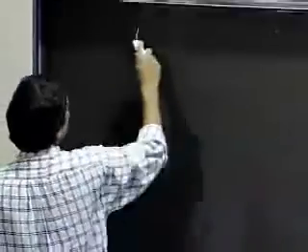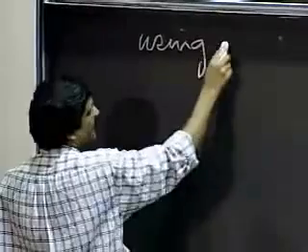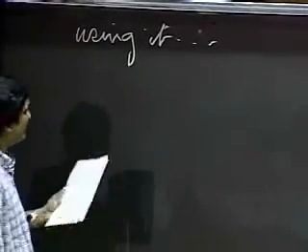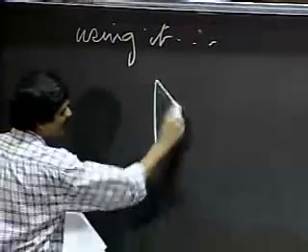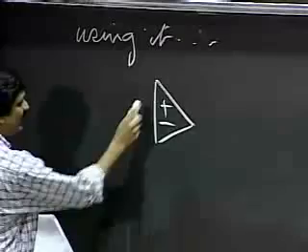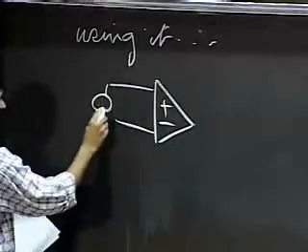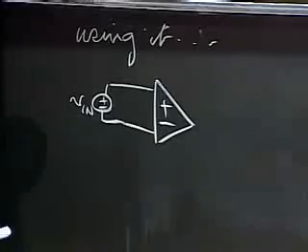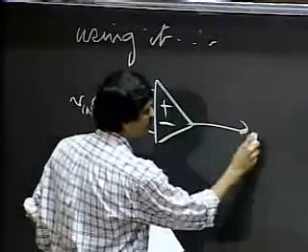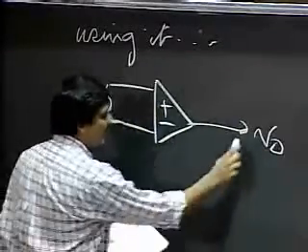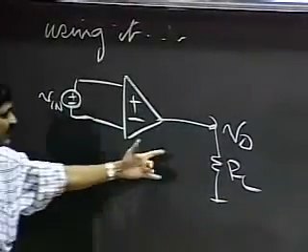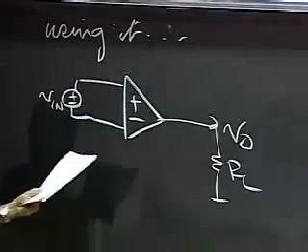Okay, so the next step is, how do I go about using the op-amp? So let me show you how it looks in a scope. So what I'm going to do is apply the input to the op-amp. I'm going to look at the output, place the resistor RL to ground, and look at the output.